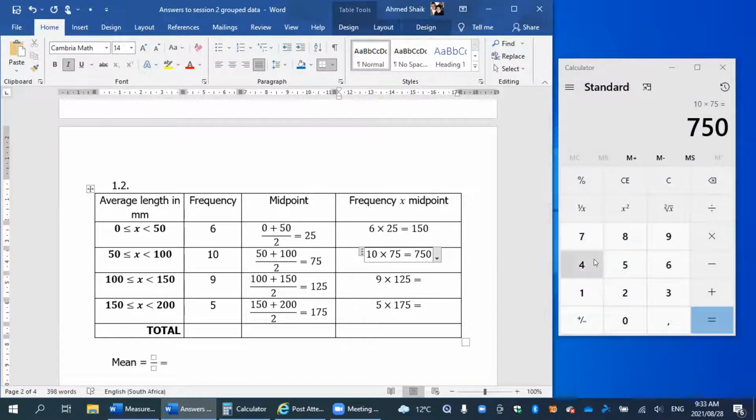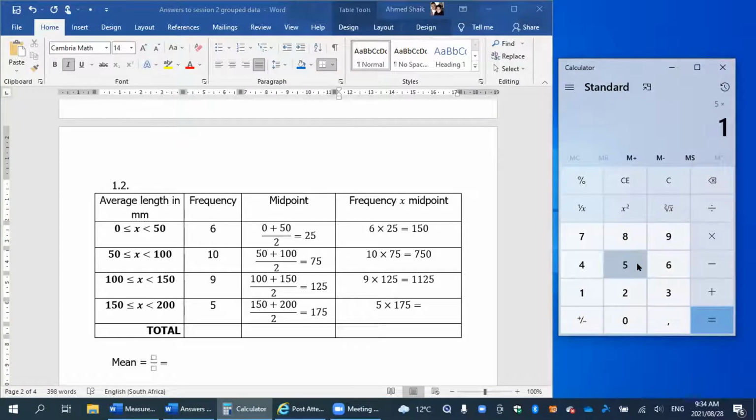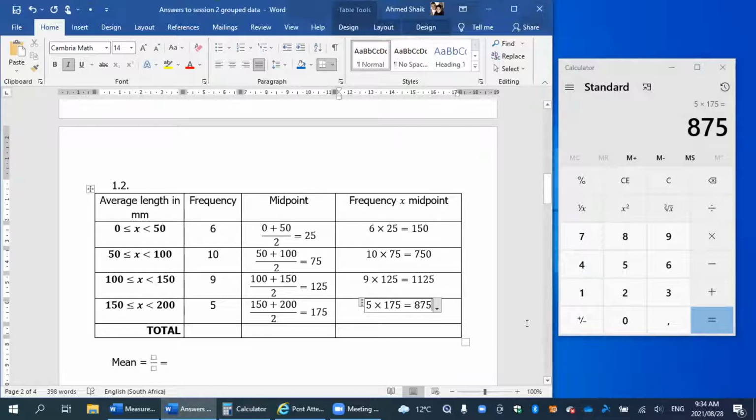Our third calculation is 9 times 125, that equals 1125. And our last answer there is going to be 5 times 175, and that gives us 875. Okay.